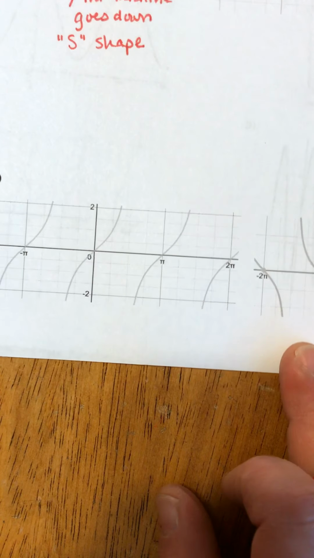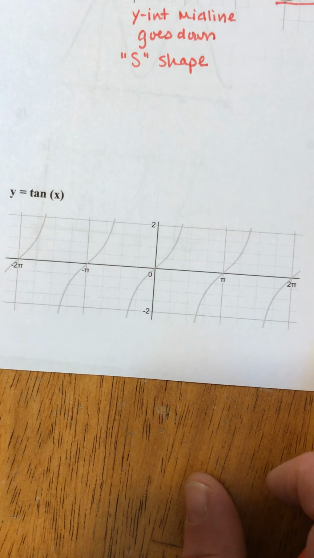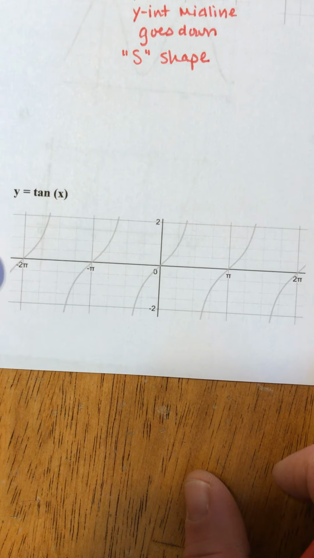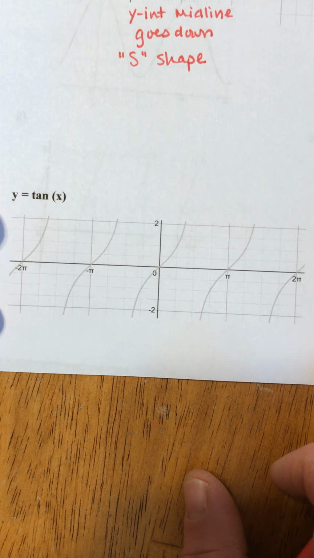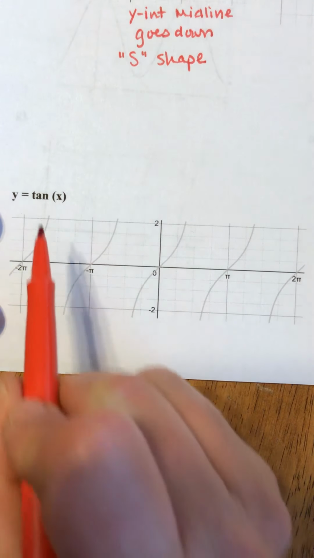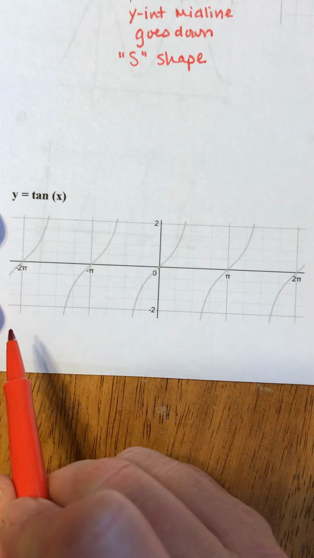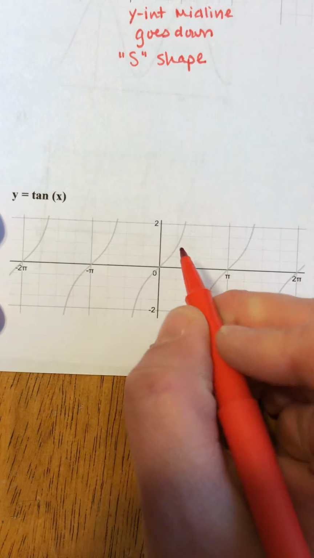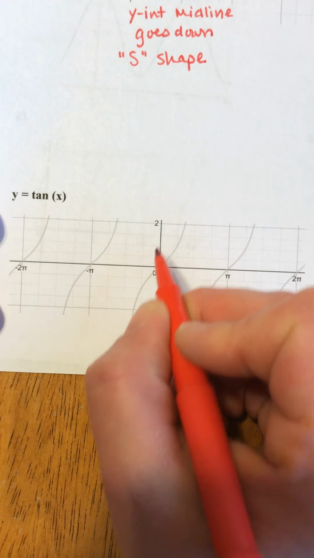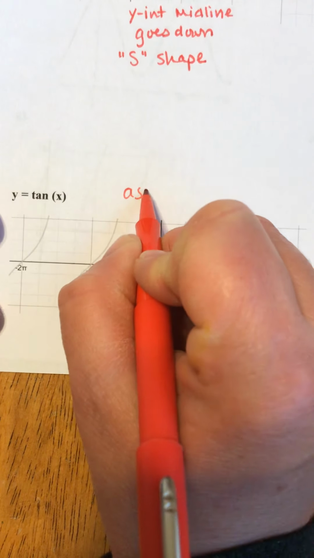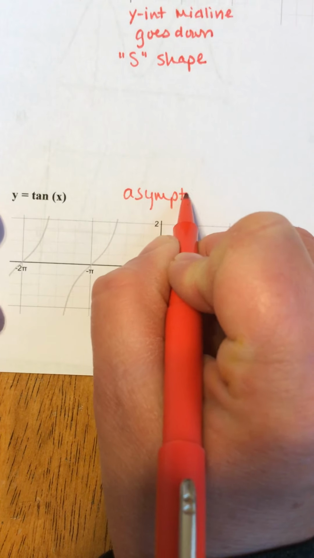Down here at the bottom, we're not going to do a ton of this with the tangent of x, but I wanted you to see what it looks like. I think it might pop up in your Delta Math. This is the graph of the positive tangent. Tangent graphs have a key feature called an asymptote. You've heard this before.